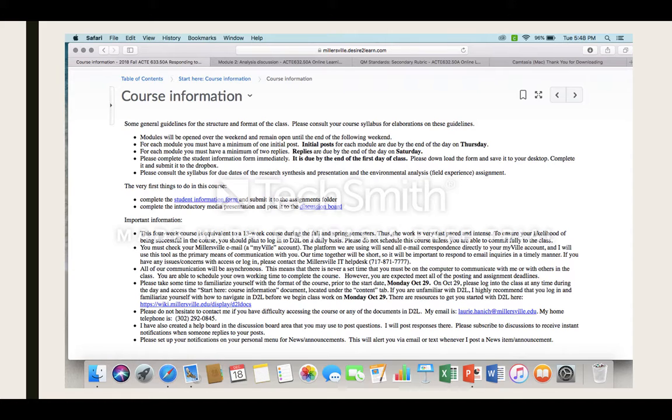So this is how the course that I'm analyzing relates to the rubric and how the course meets the rubric standards here by having this starting information for students of how to get through the course.